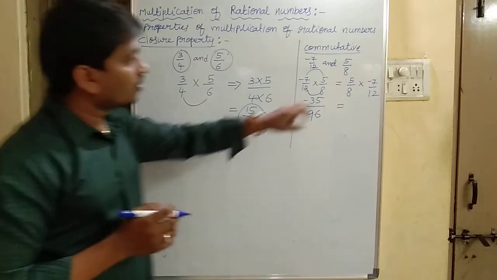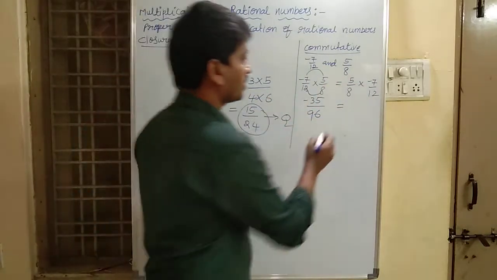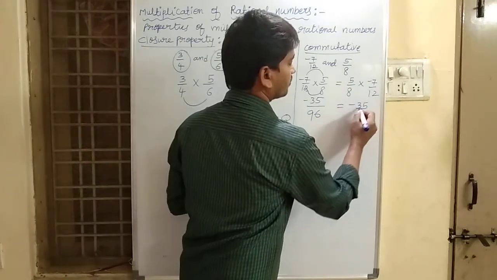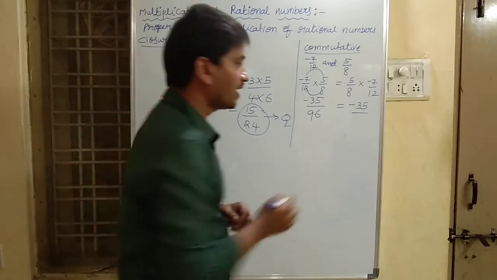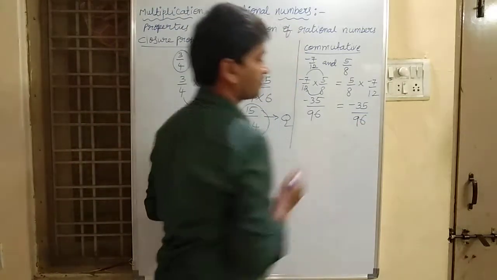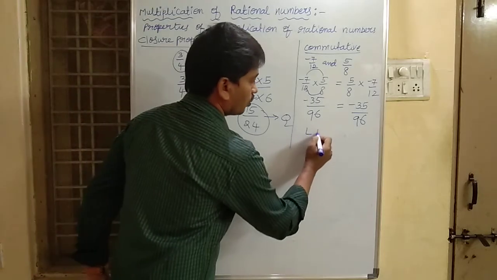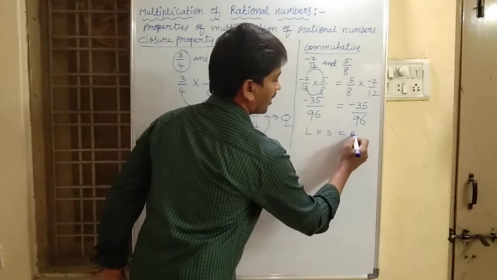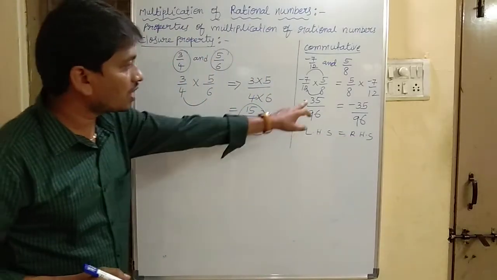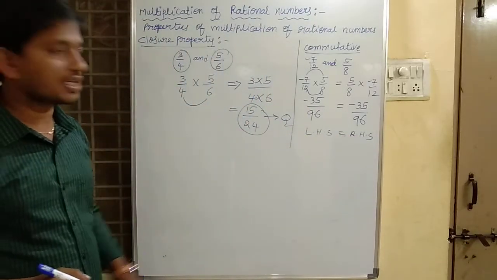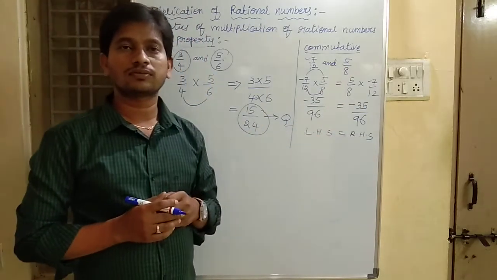Equal to 5 into minus 7, that is minus 35, by 8 into 12, which is 96. Look here, both LHS and RHS are equal. Here we got minus 35 by 96, and there also we got minus 35 by 96.